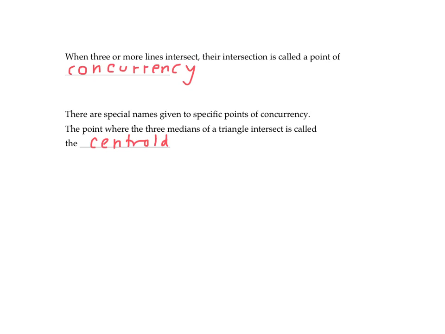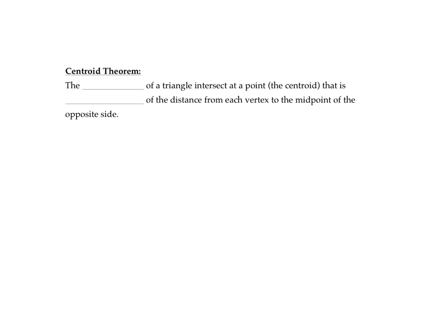That's hard to read, so let's try that again. It's spelled C-E-N-T-R-O-I-D, centroid. Next we're going to talk about a theorem that relates to the centroid and the medians of a triangle.